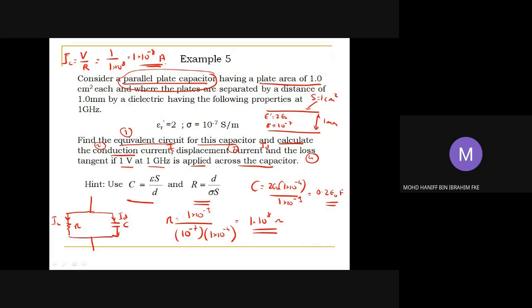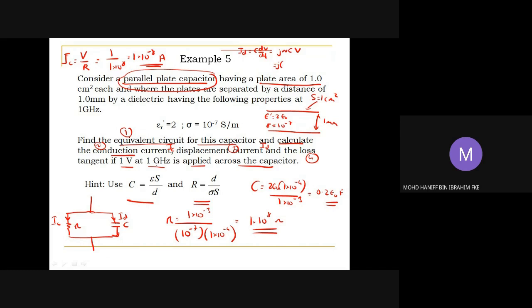Right. And then you need to calculate the displacement current. We have agreed that ID should be equal to C dV over dt, and in phasor form we have it as j omega CV. This is the equation for the ID in phasor form. So ID equals j omega, where omega is from the frequency.